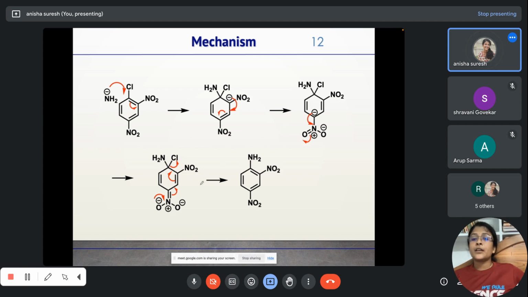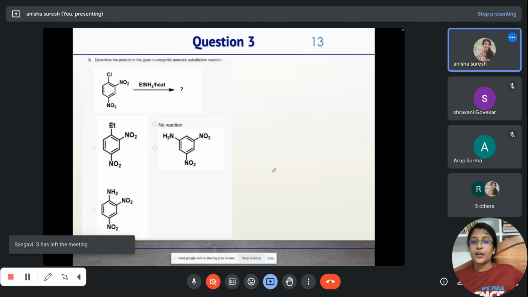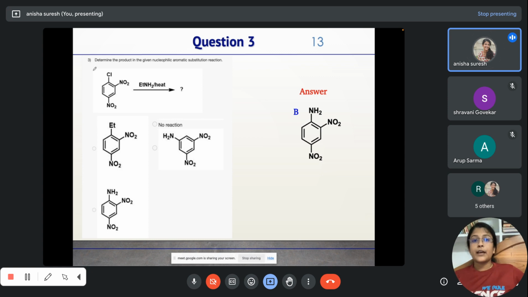So we will get this substituted product where NH2 minus will be substituting Cl minus, and an addition-substitution reaction or addition-elimination reaction is taking place here. So the correct option will be option B, where NH2 minus of this EtNH2 is the nucleophile, and will be replacing this Cl.